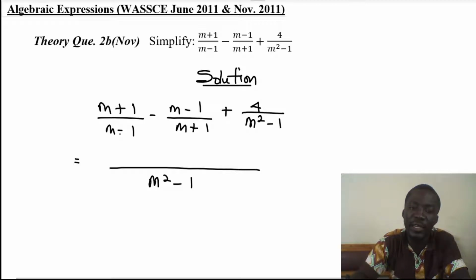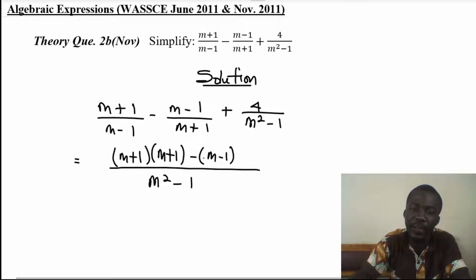So m minus 1 goes into m squared minus 1, it will be m plus 1. Already we have m plus 1 here, so we multiply another m plus 1 by that one, then minus, we have m minus 1 here. So m plus 1 goes into m squared minus 1 will be m minus 1. m squared minus 1 into m squared minus 1 is 1.